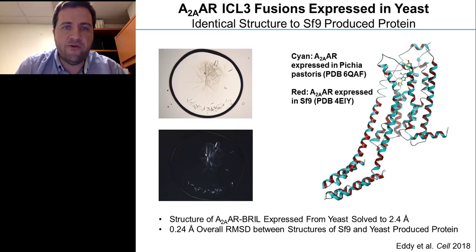Some of the crystals are shown on the left, and on the right, you see a superposition of the structure of the A2A AR fusion protein in complex with an antagonist, superimposed with an earlier structure of the same protein as expressed in insect cells, and overall the two are essentially identical.